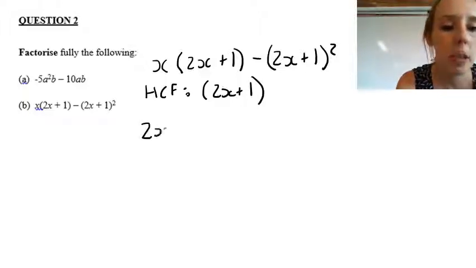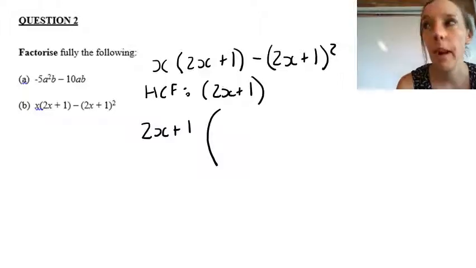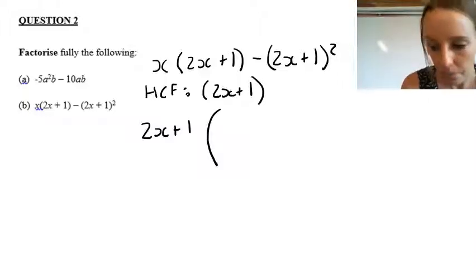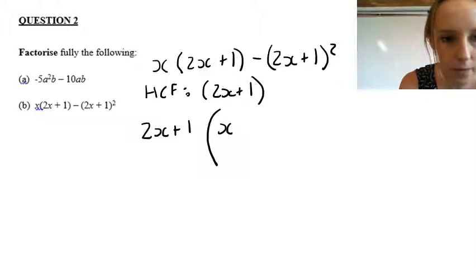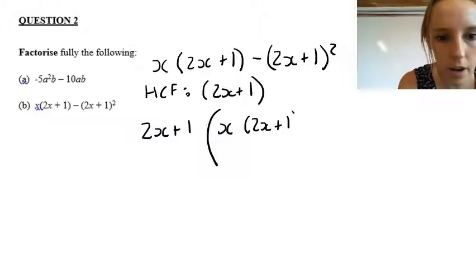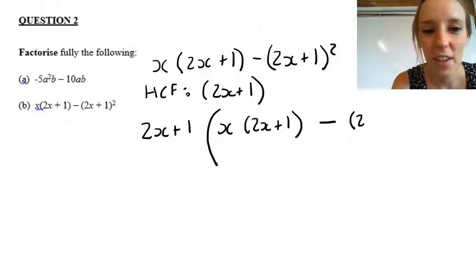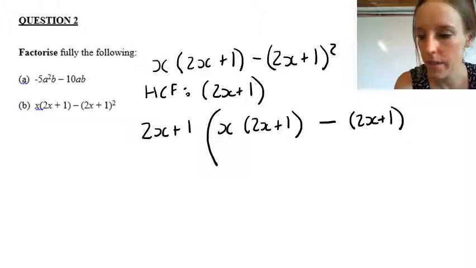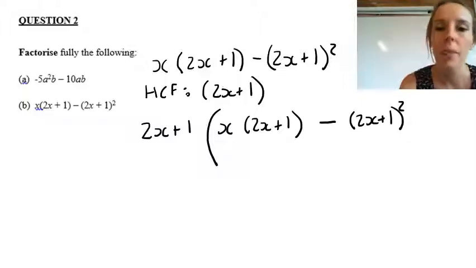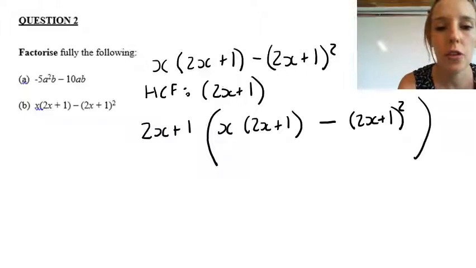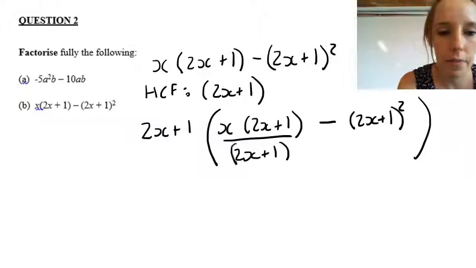So I'm going to put my highest common factor out the front of my expression, and then in brackets I'm going to rewrite everything. So I've got x(2x plus 1) on this side, and (2x plus 1) squared on the other side. And I'm going to divide each of those terms by 2x plus 1.